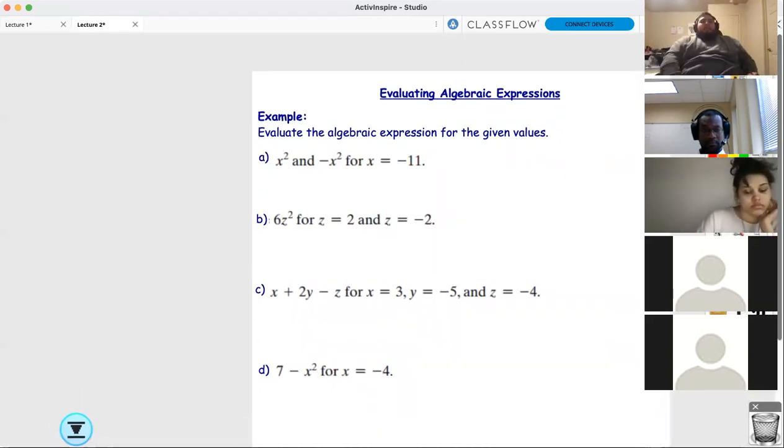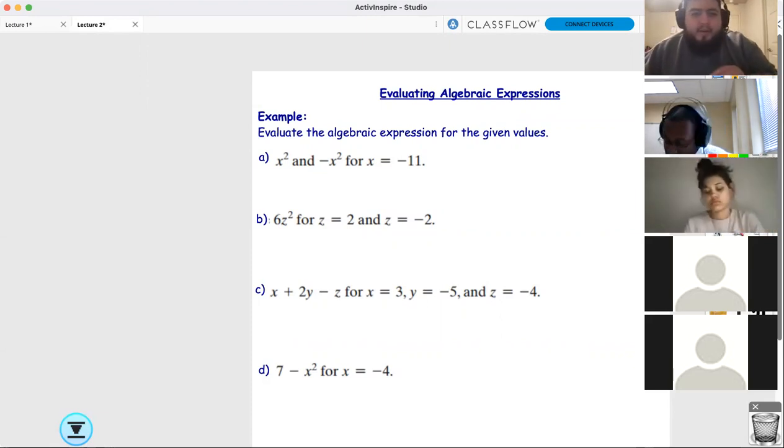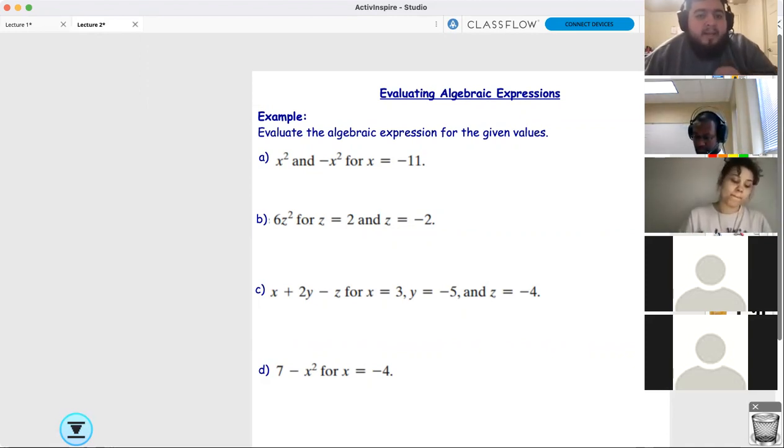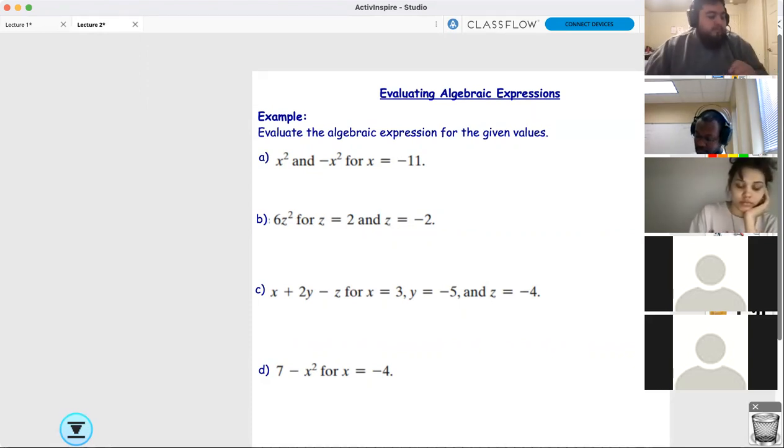All right, I'm gonna give you about 3 minutes to set up this example. It's evaluating algebraic expressions. So it's the same thing we've done before. We're plugging in the numbers into letters, but now the numbers are potentially going to be negative as well.